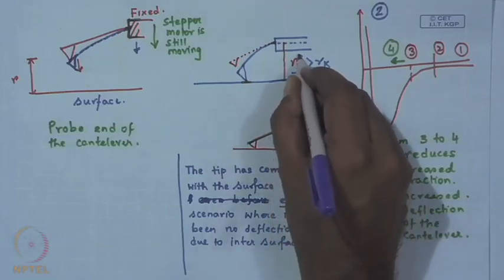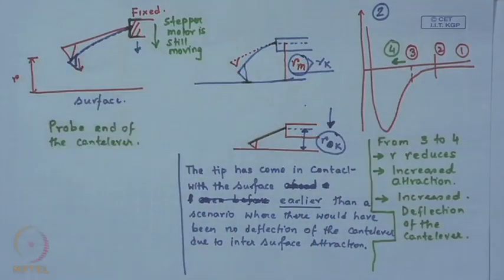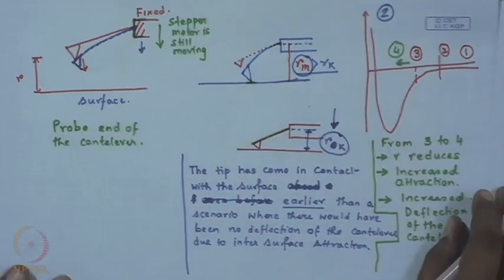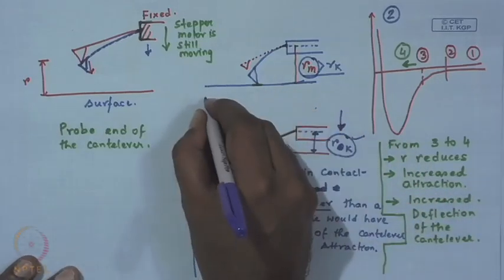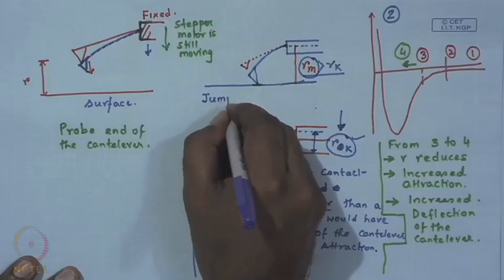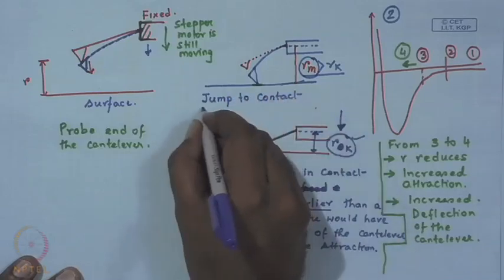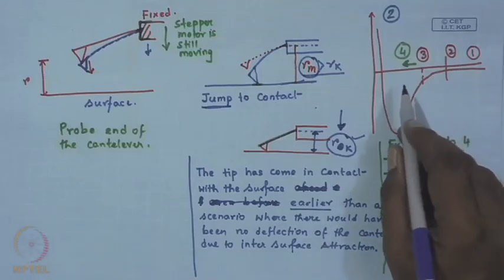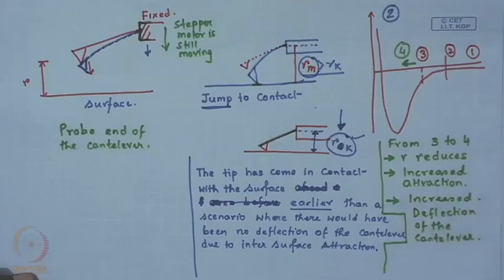But what you will find here is that since you have an active interaction and the cantilever now bends or deflects, the probe tip comes in contact with the surface ahead of this RC. So, this is what is known as jump to contact. And this so-called jump is a manifestation of the intersurface attraction between the probe tip and the sample surface. Okay. So, this is what happens.